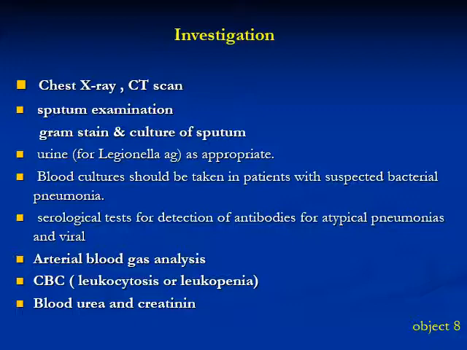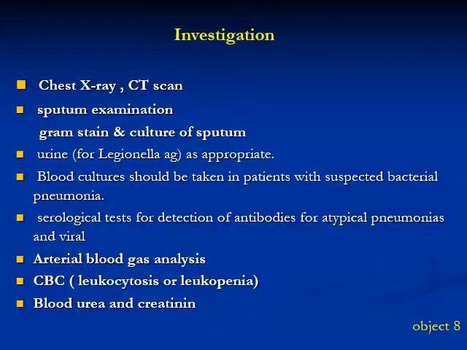Those that are cultured are mainly the typical microorganisms like Staph aureus, Haemophilus influenzae, Klebsiella, Pseudomonas, and Streptococcus pneumoniae. But the atypical microorganisms like Mycoplasma, viral infections, and others are not cultured by routine culture.